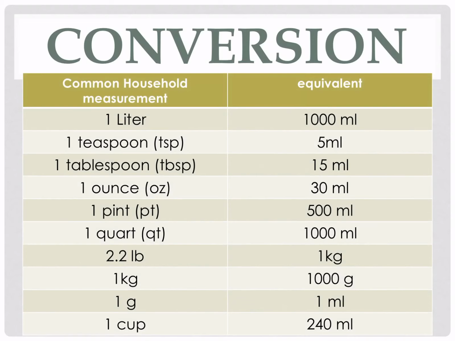1 teaspoon, or tsp, is equivalent to 5 ml or 5 cc. 1 tablespoon, TBSP, is 15 ml or 15 cc. 1 ounce, OZ, is 30 ml or 30 cc. 1 pint, PT, is 500 ml. 1 quart, QT, is 1000 ml or 1000 cc. 2.2 pounds is equivalent to 1 kilogram. 1 kilogram is 1000 grams. 1 gram is equivalent to 1 ml.